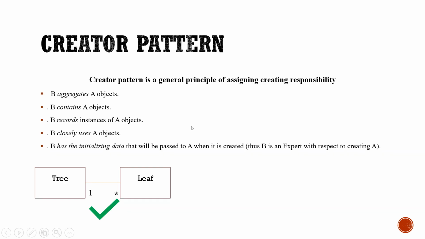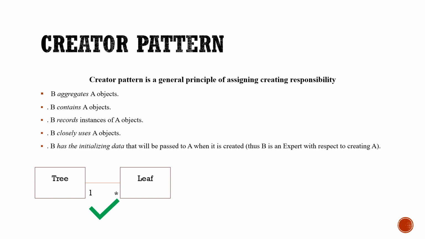The next pattern that we will discuss is the creator pattern. Creator pattern is a general principle of assigning creating responsibility. Let's say that we have a class called tree, and it has some leaves, objects of class leaf. So tree is responsible for the creation of its leaves, the objects of class leaf.